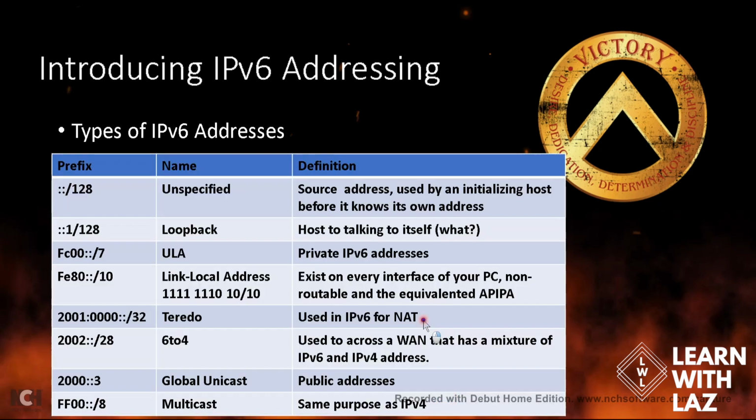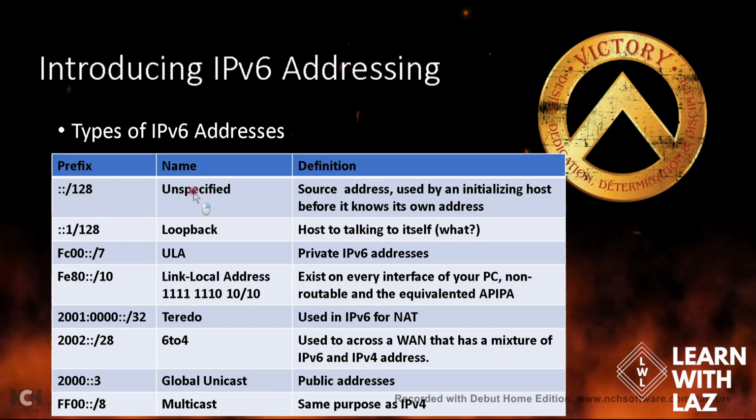Now, this is where things get really interesting, in their terminology. These are the PDFs that I downloaded from Cisco that I sent to people. I'm reading it as I'm doing this, and I'm like, what? And that's why you see what there. So here we have this one, ::/128.